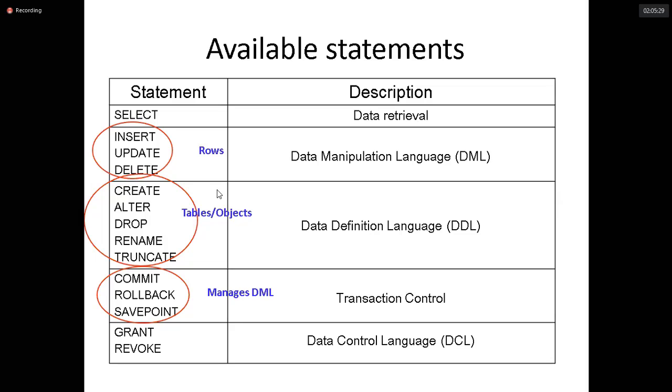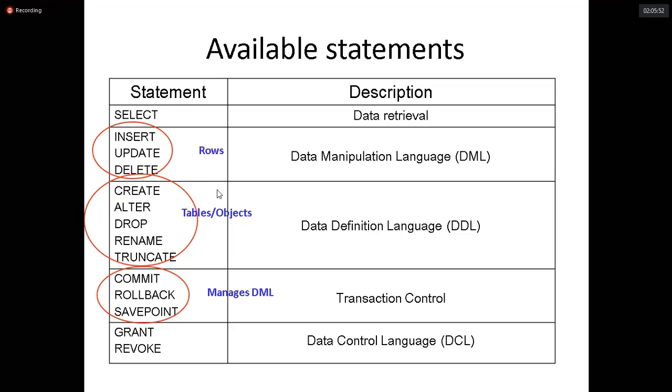So you can have commit, rollback, or savepoint. Even if you do multiple updates, you can have this commit operation. So when you commit it, we take the database to finally accept the changes we have done.